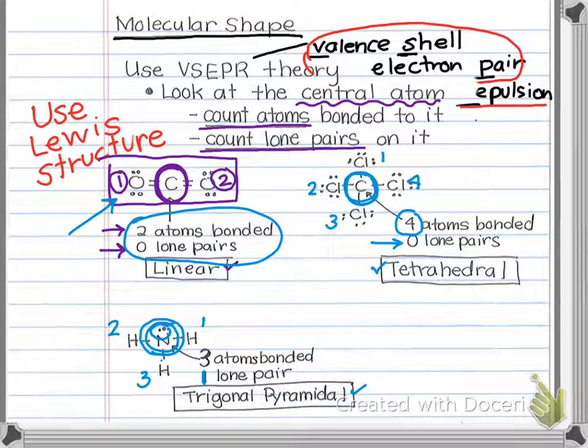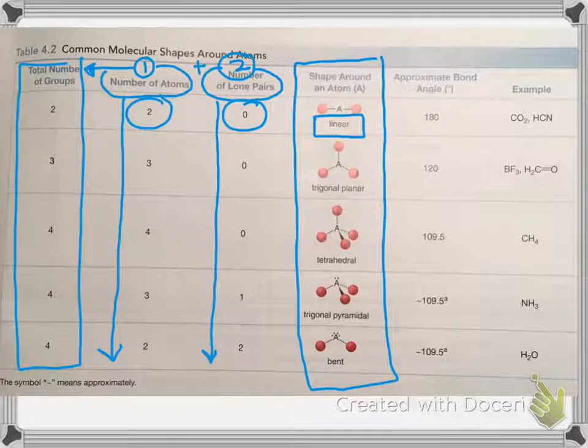This example here has 4 atoms and 0 lone pairs. Look, I have here tetrahedral. So this one has 4 atoms, 0 lone pairs, and it is tetrahedral. See, that's how we're getting the shape, by counting the number of atoms and the number of lone pairs.